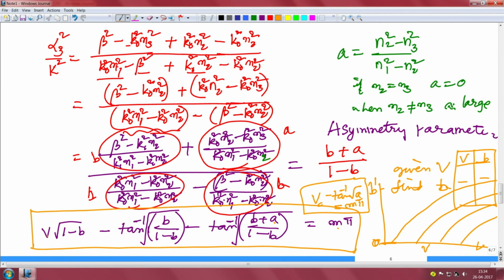So, every curve starts at tan inverse root A. In the case of a symmetric waveguide, A equals 0 and there is no cutoff for the fundamental mode. I will draw with a different color to illustrate. So, these are all cutoffs: tan inverse root A, and this is pi plus tan inverse root A, this is 2 pi plus tan inverse root A, and so on.